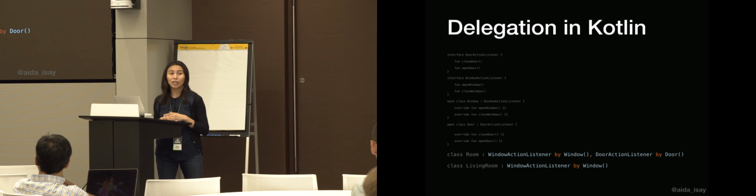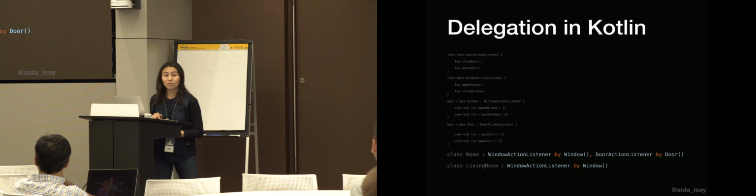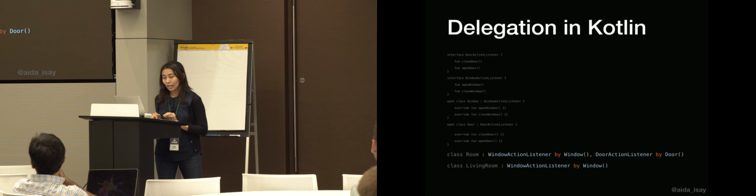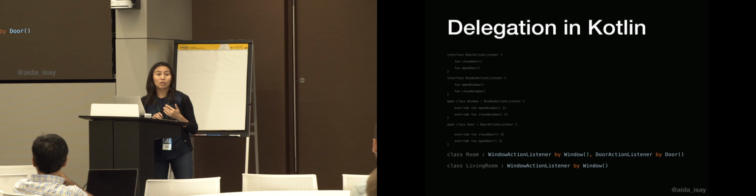In the room example, we're letting the window class handle all the methods from window listener, and the door class handle all the methods from door listener. And in the example with the living room, you're telling the window class to handle all the methods from window action listener. By delegating those methods to your delegated classes, our classes, like room and living room, are more focused on main functionality.